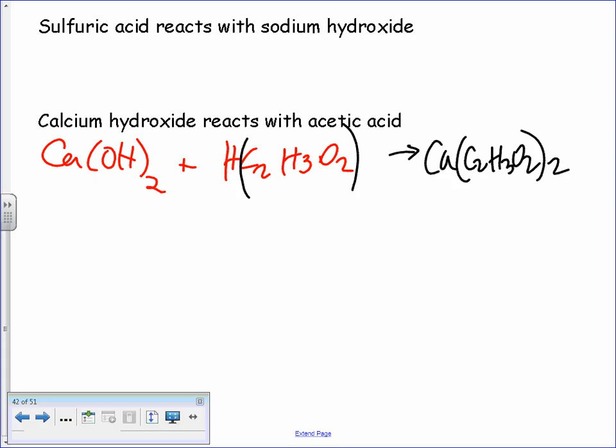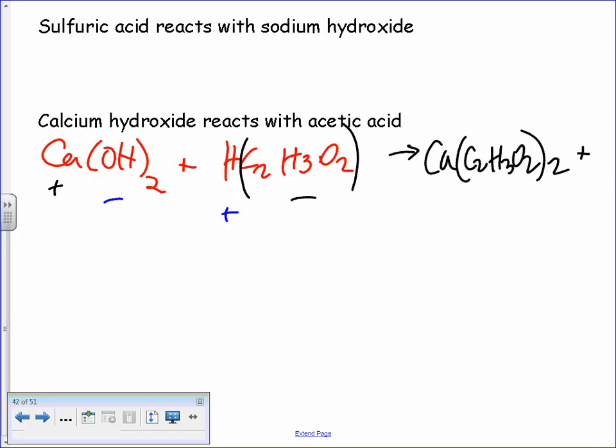And then Eli, what would be the other one? So we just did calcium and acetate got together. And the things that are left are our H here and our OH here.